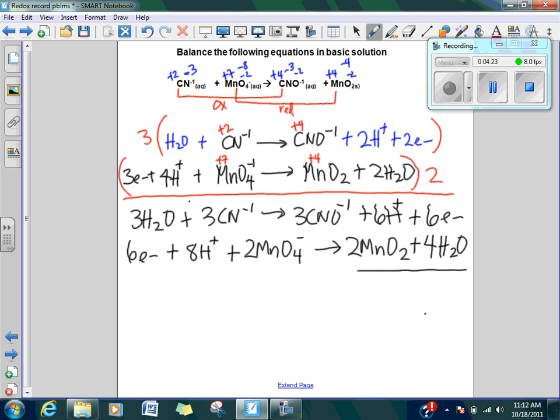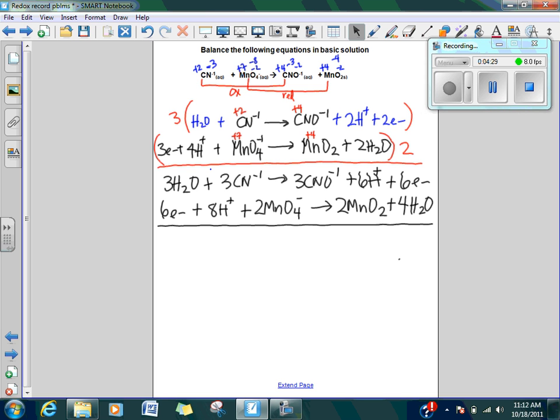Okay, so my resulting equation here is now going to be, I can see that I have 4 waters here, I have 3 waters here. My electrons are going to be able to cancel out. My hydrogen ions are also canceling out.